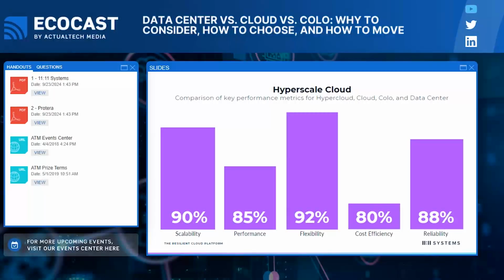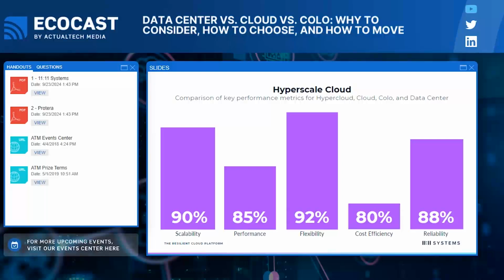So how about hyperscale? When we think about hyperscale cloud, we think about companies like AWS. These are the big guns, right? AWS, Microsoft Azure, and Google Cloud. This type of infrastructure is ideal when your organization needs to leverage extensive resources.